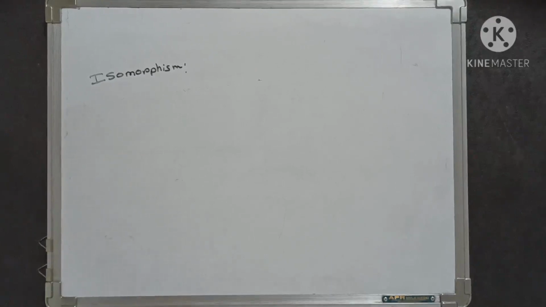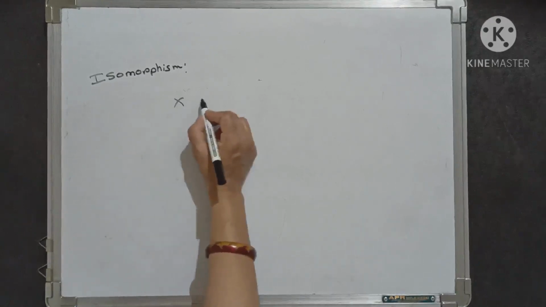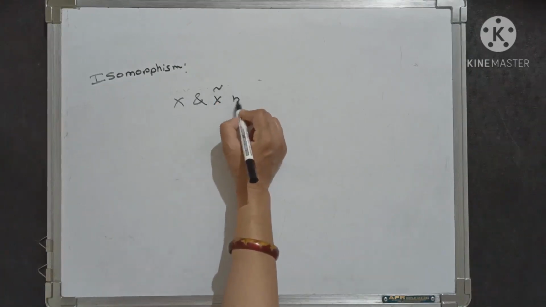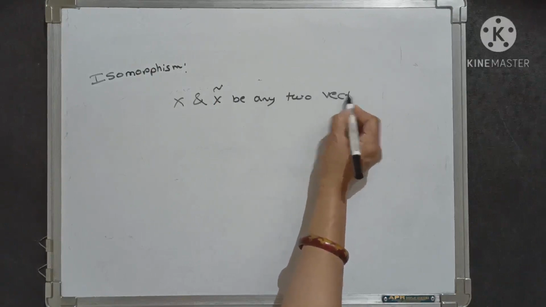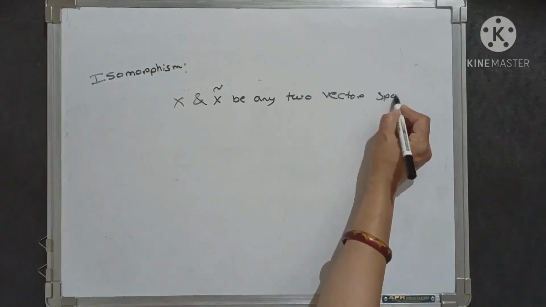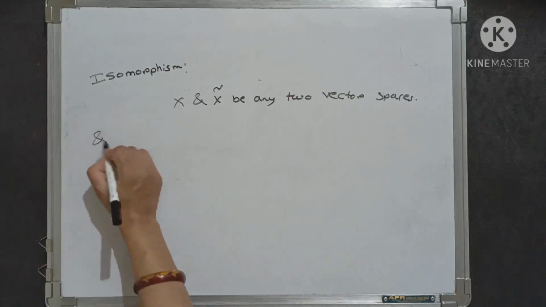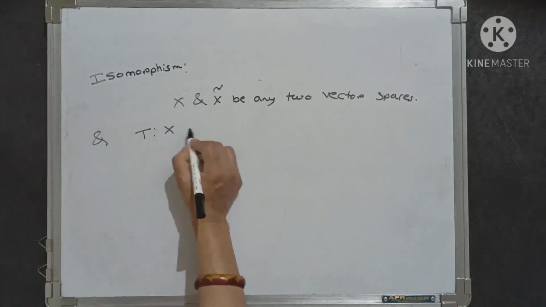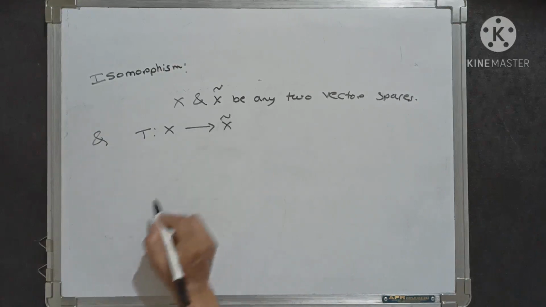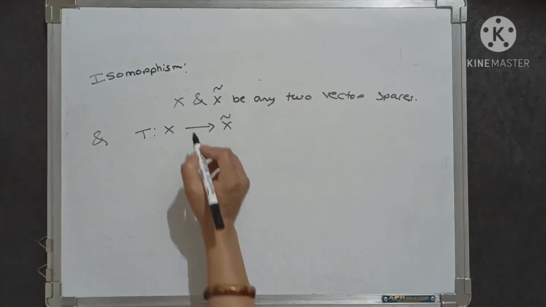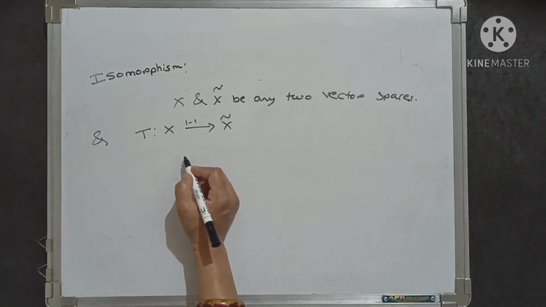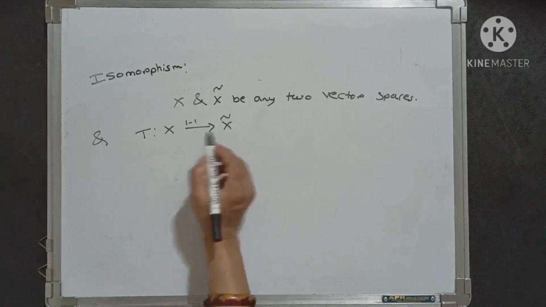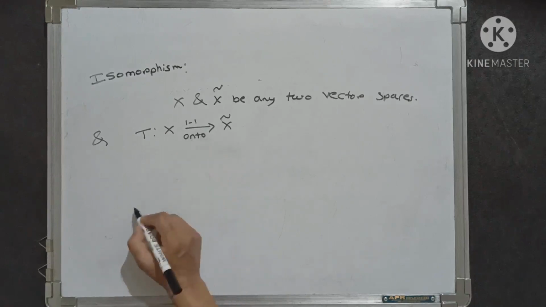Here we take X and X tilde to be any two vector spaces, and T a mapping from X to X tilde, such that T is bijective. Bijective means injective and surjective. Injective means one-to-one, surjective means onto. The mapping T from X to X tilde is both one-to-one and onto.